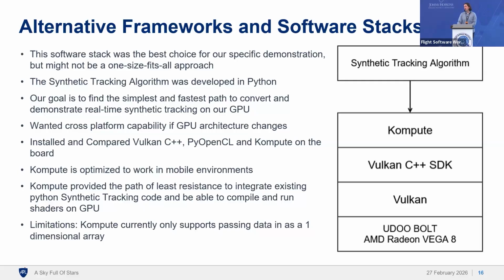So we compared just using Vulkan C++ and PyOpenCL and compute. Some things didn't have support for our mobile GPU, but compute's optimized to work in these mobile environments. There's some limitations. It currently only supports passing data in as a one-dimensional array, which isn't the most fun thing to work with when you're dealing with images, but it's not terrible.